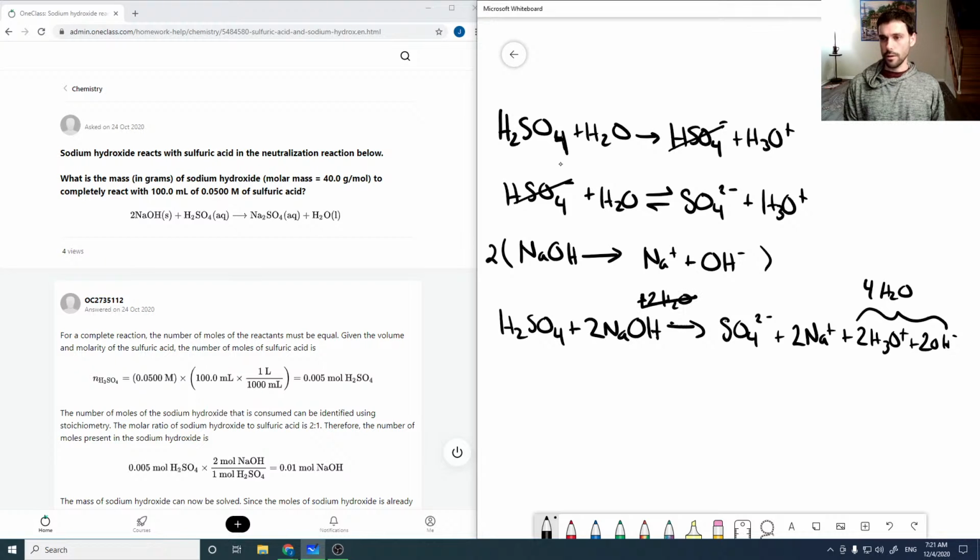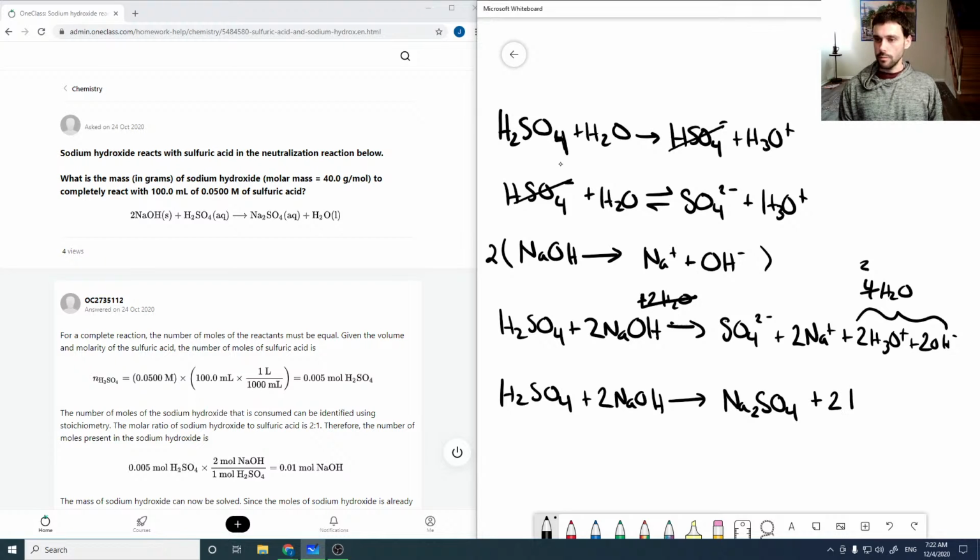And so these 2 waters will drop down to 2, and so it'll be H2SO4 plus 2 NaOH goes to, we can combine our sodium sulfate just to match the question, although in reality it's likely in solution as its ions, and plus 2 water.